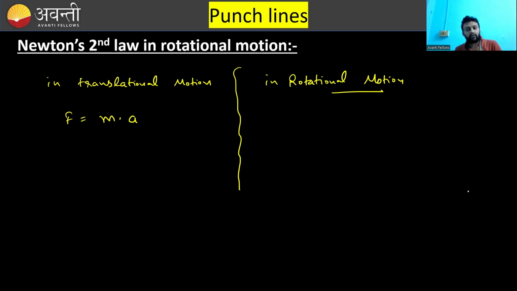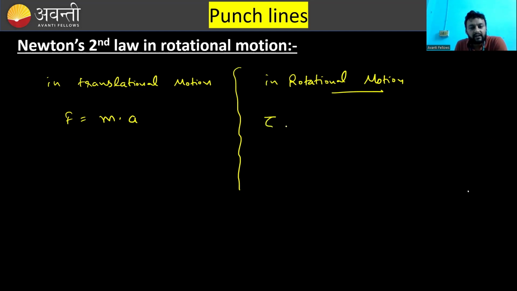In rotational motion, there is angular acceleration and angular velocity. All these things are produced by torque. So what is the corresponding phenomenon of force in rotational motion? That is torque. So force will be replaced by torque.